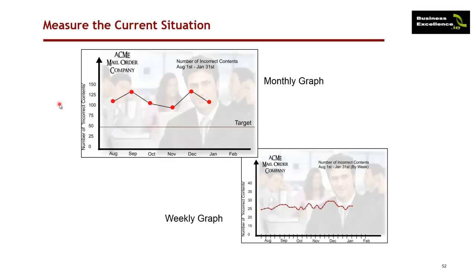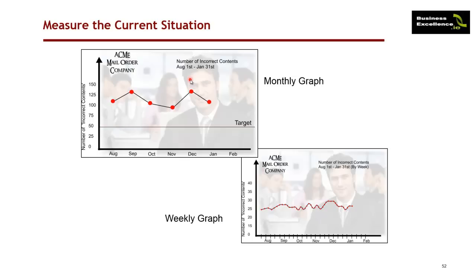As in, when does the incorrect contents exceed the target? Some people would come back and say, well, it happens in September and it happens in December. Therefore, maybe it happens at certain seasonal times, Christmas, kids going back to school, and therefore they make assumptions as regards what the problem and ultimately what the root cause may be.